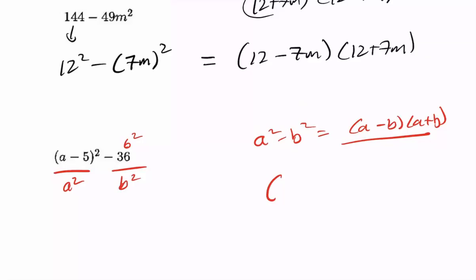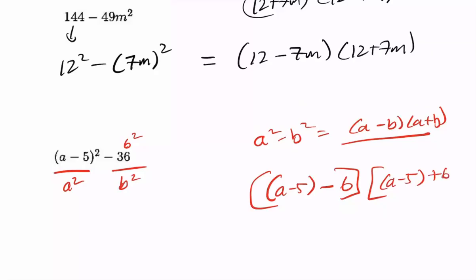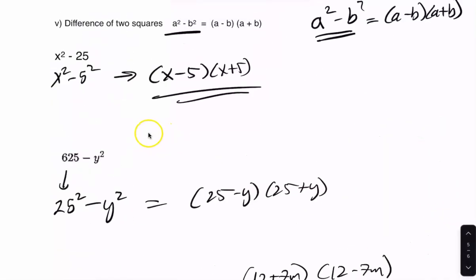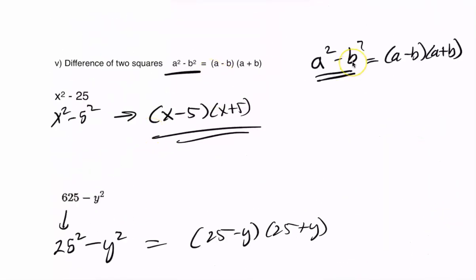So that's going to be a minus 5, minus 6, and then a minus 5 plus 6. Like that's my a, and that's my b. You just plug in the same form, and then you can reduce it if you want. So that's the difference of two squares. If you happen to notice it's in the form a squared minus b squared, that's a really easy thing to factor. It's a minus b, a plus b, like we did here.